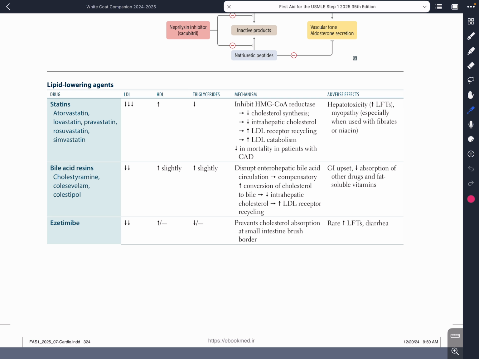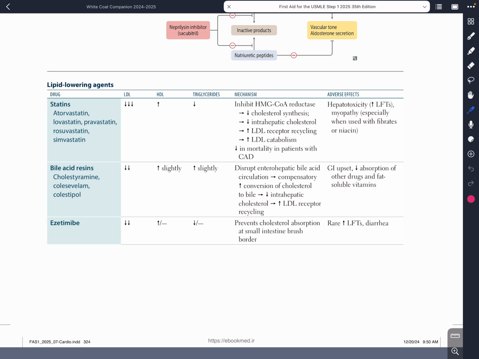The mechanism of action of bile acid resins is that they disrupt enterohepatic bile acid circulation. Disrupting enterohepatic bile acid circulation causes a compensatory increase in conversion of cholesterol to bile, decreases intrahepatic cholesterol, and increases LDL receptor recycling.